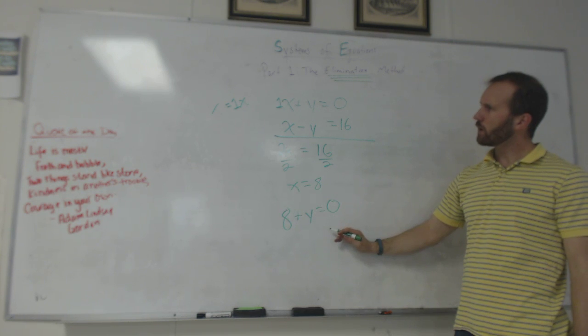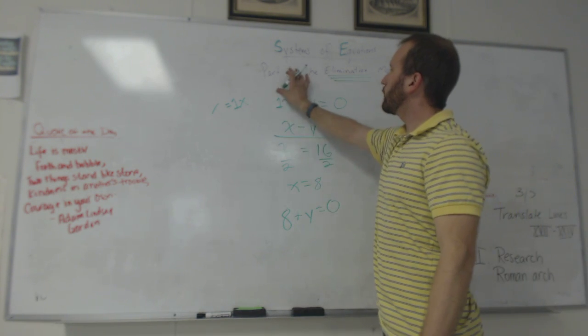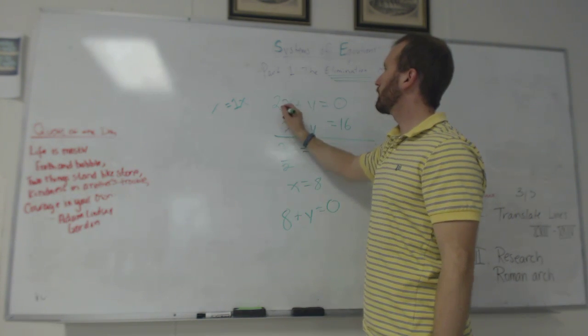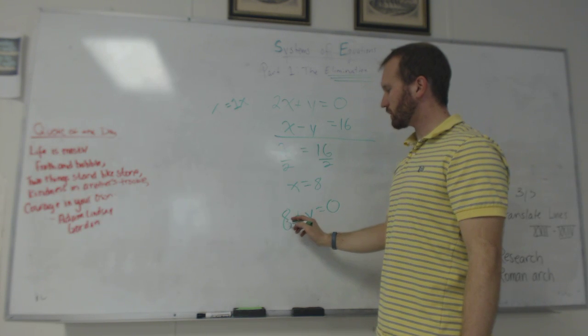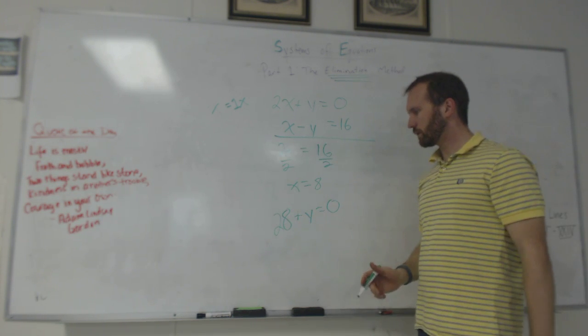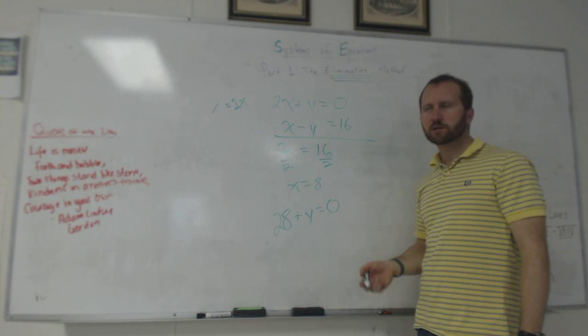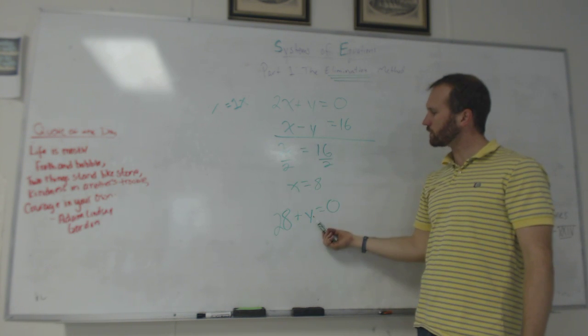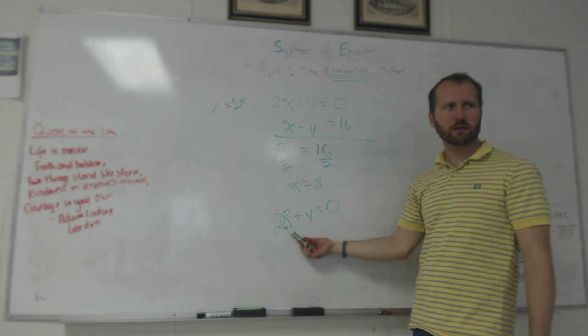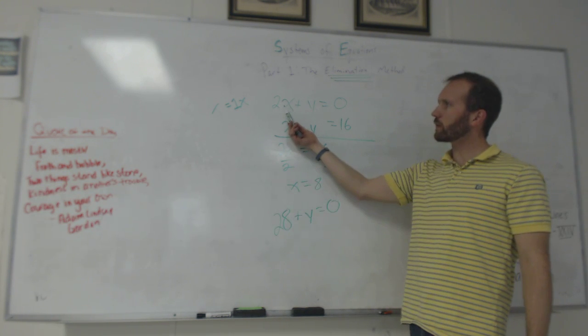And then you're going to subtract. Hold on a second. What if there had been a 2 here? What would I have written in this equation? 28 plus y equals 0? Is that what I would have written if there were a 2 in front of my x?